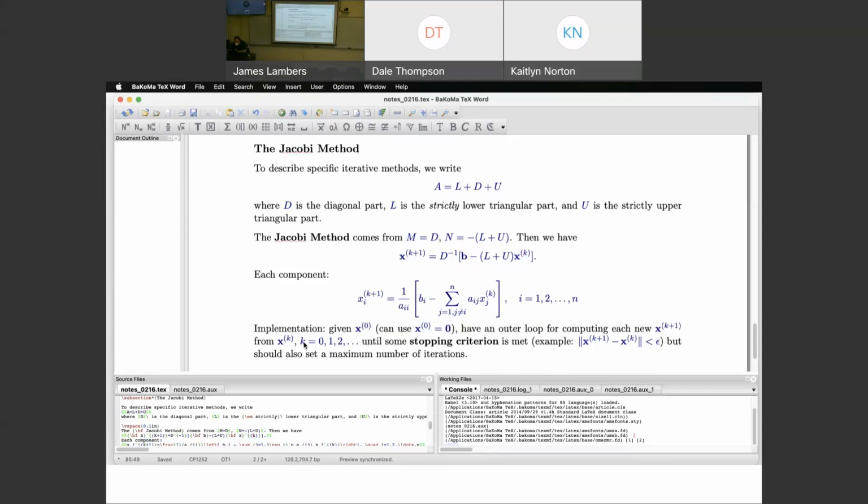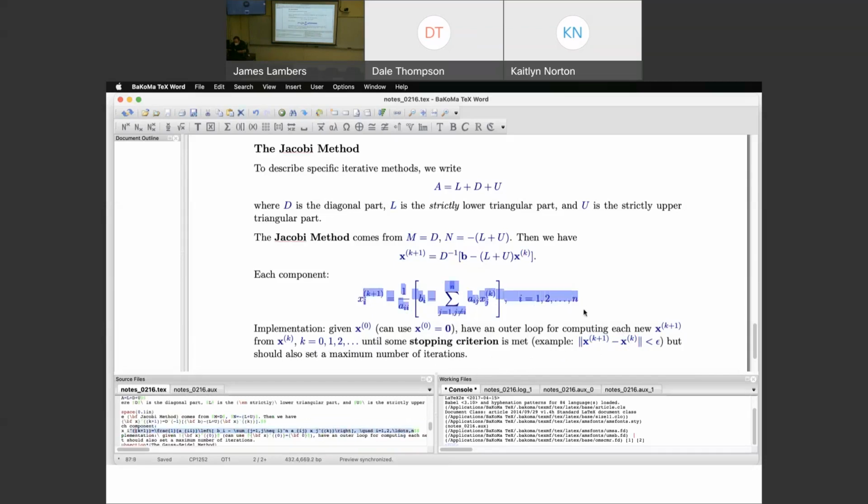So your outer loop is over k, and k is going to keep counting up from 0, 1, 2 until convergence occurs. For example, you can check the difference between successive iterates, take the norm of the difference, and stop when it is less than some tolerance epsilon. Inside this loop is where you carry all of this out.